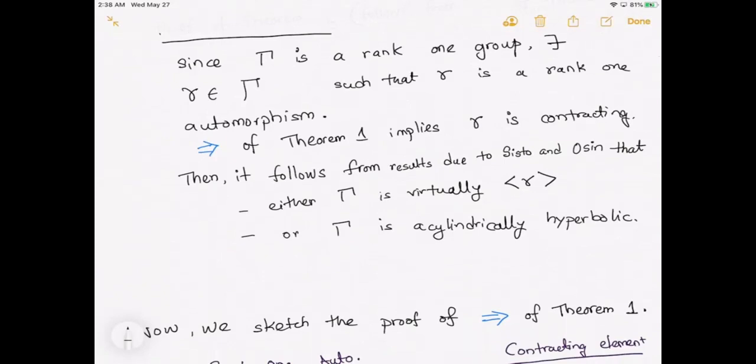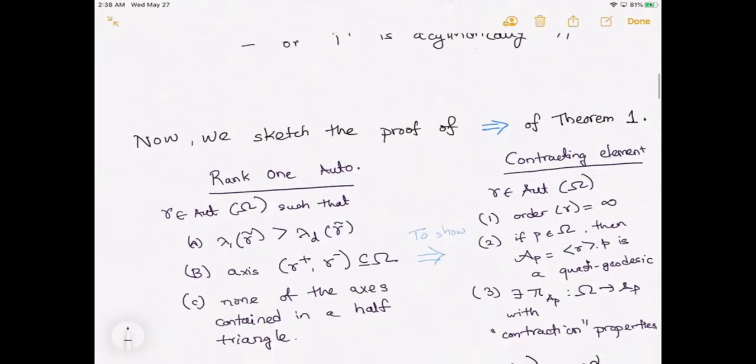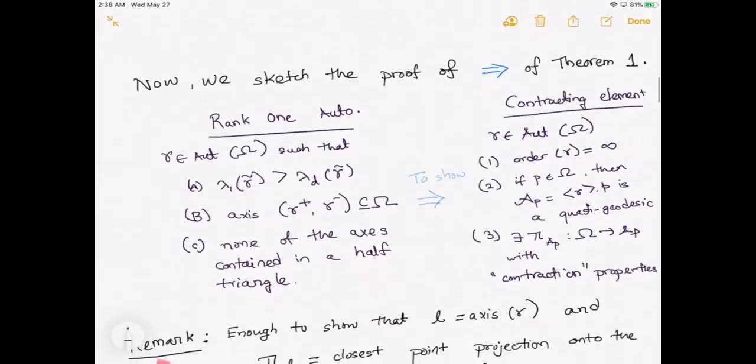Now we are going to sketch the proof of the forward implication in Theorem 1. Before doing that, let us recall the notion of rank 1 automorphism and contracting elements briefly. An element gamma in the automorphism group of Omega is a rank 1 automorphism provided it satisfies the conditions on the left.